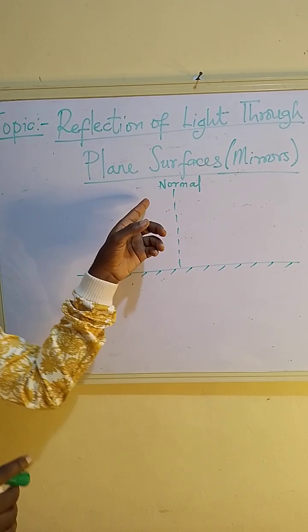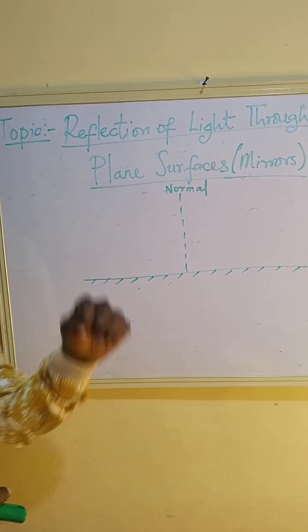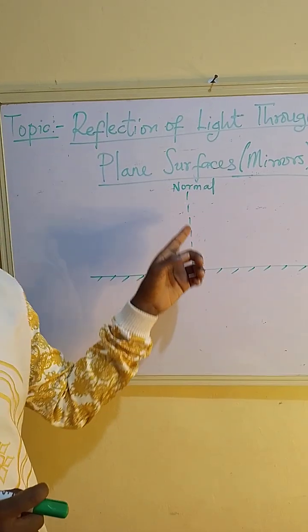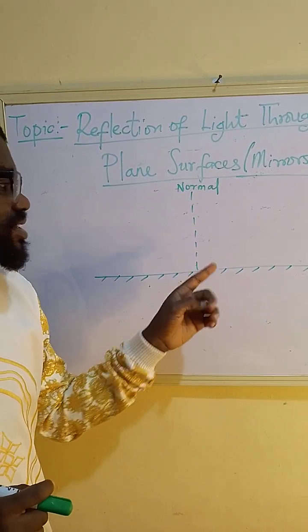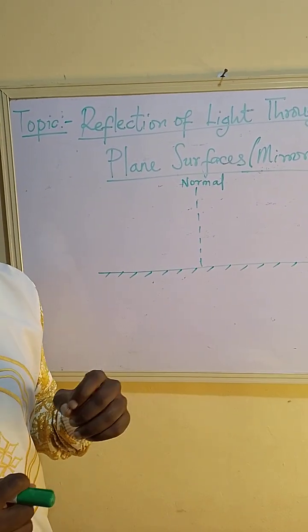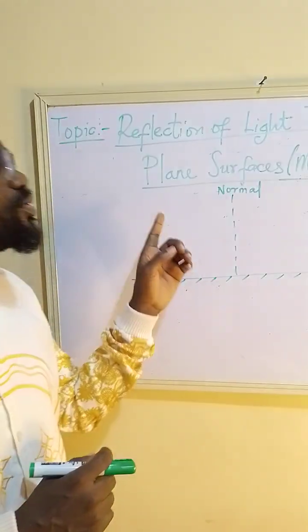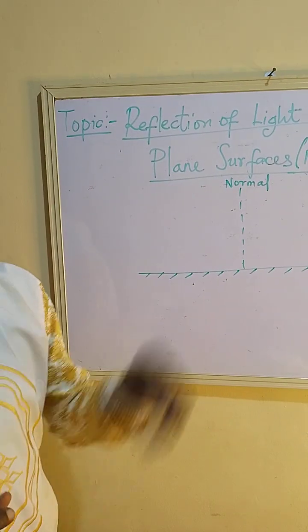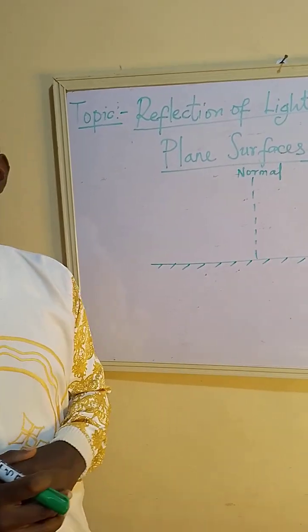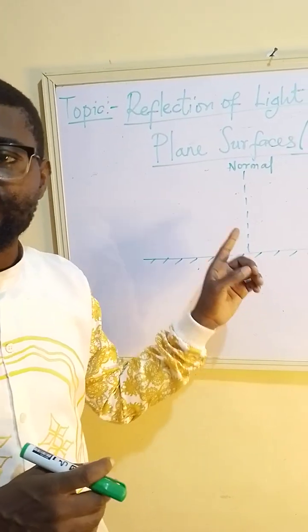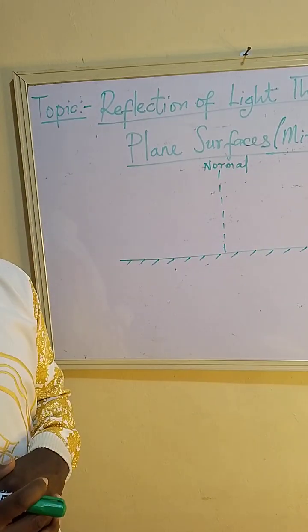Now the normal is an imaginary line that makes an angle of 90 degrees, that's perpendicular, with the plane surface at the point where the ray of light is incident on the plane mirror, and that is what we call the point of incidence.